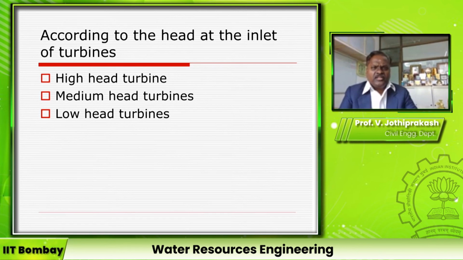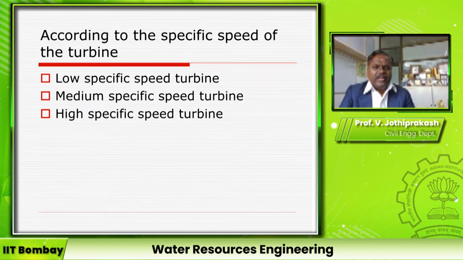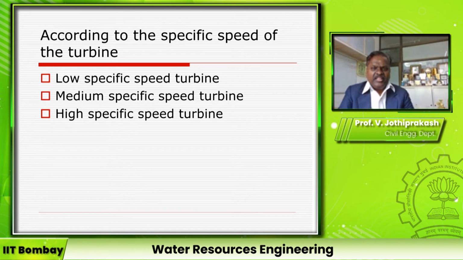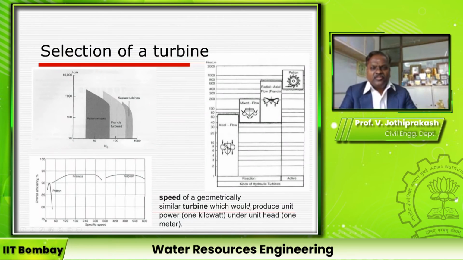I think we have seen this: according to the head at the inlet of the turbine, there are high head turbines, medium head turbines, and low head turbines. According to the specific speed of the turbine, there are three types: low specific speed, medium specific speed, and high specific speed turbines. What it is, is the speed of a geometrically similar turbine which would produce unit power under unit head.